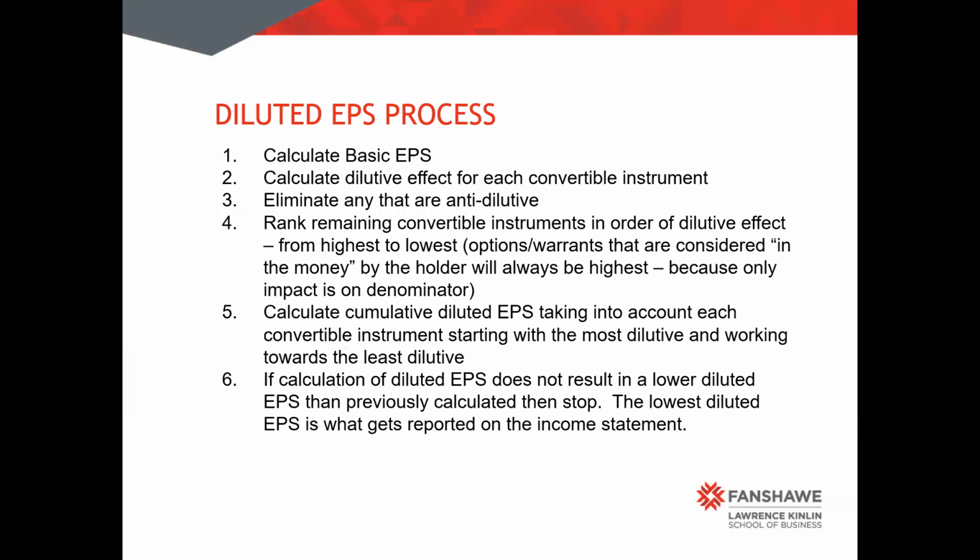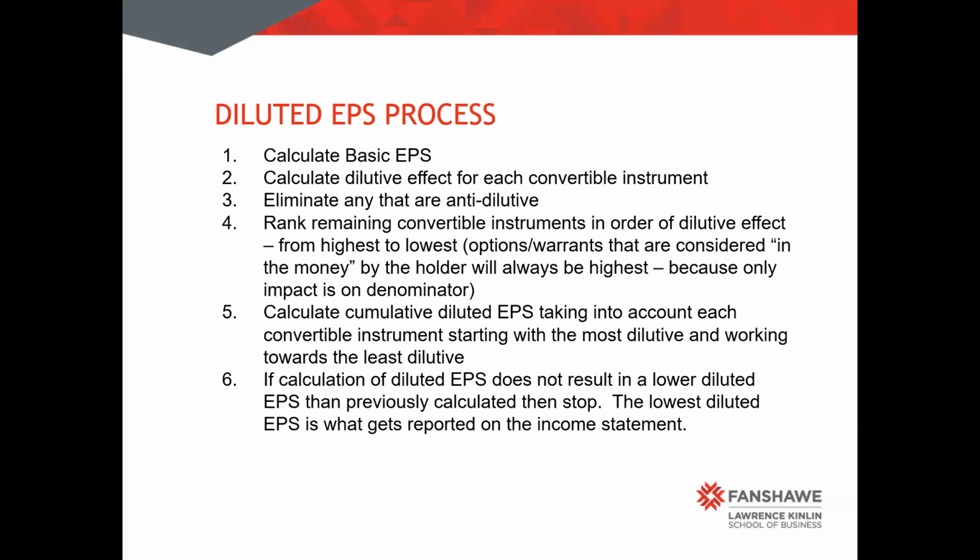So the process then for the diluted earnings per share would be you calculate the basic, you would calculate the dilutive effect for each instrument. You would eliminate any that are anti-dilutive. You would rank the remaining convertible instruments in order of dilutive effect, so the one that dilutes the most down to the lowest.